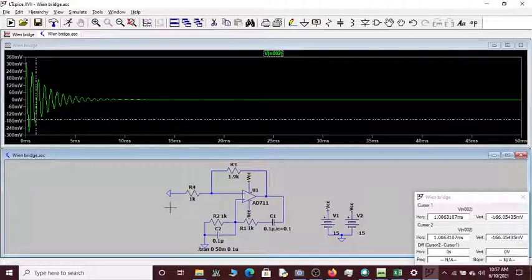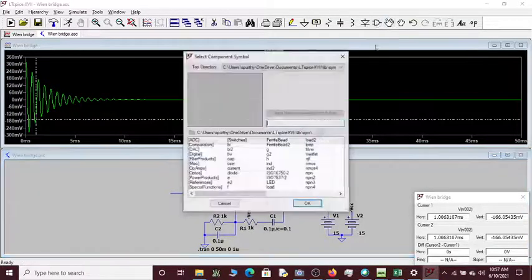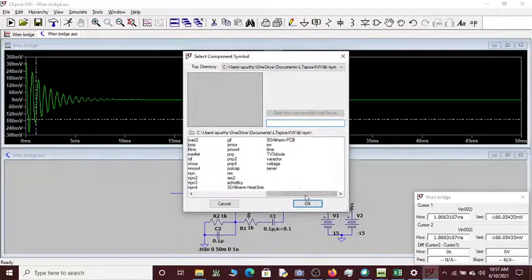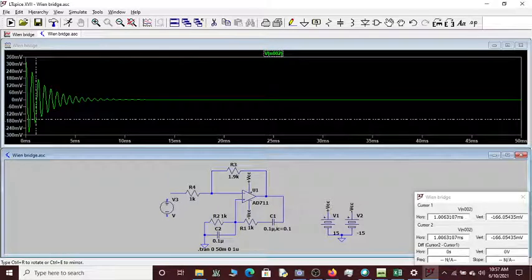So let me just delete this and take a source. Where is the source now? I think this is my source. I will take a sine source. I want to use it as an amplifier. Okay, let me connect this to.